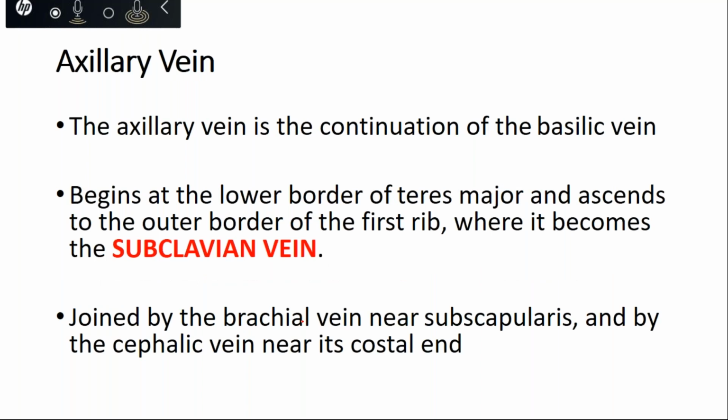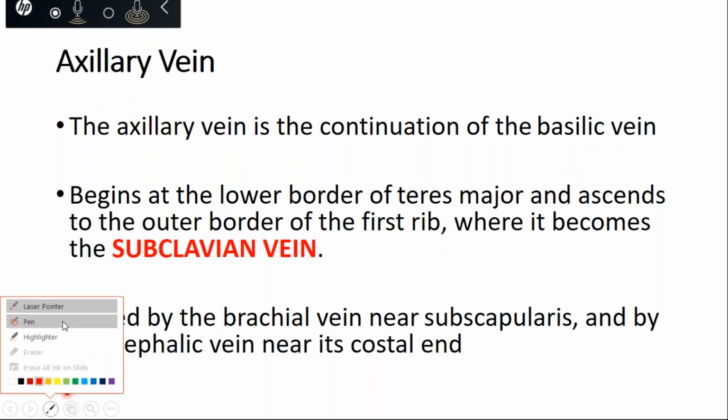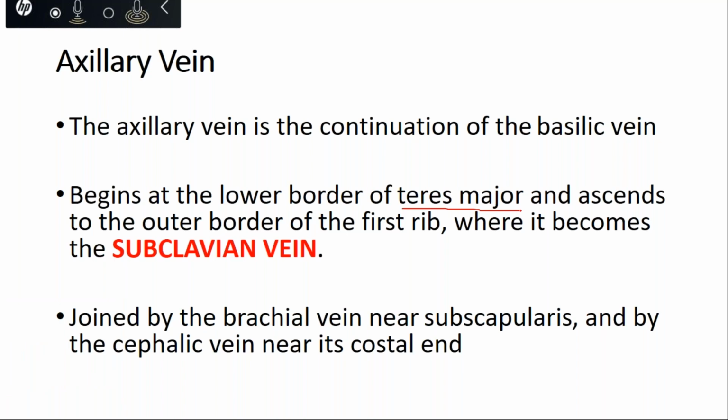The next one is the axillary vein. The axillary vein is the continuation of the basilic vein, as we have seen. It begins at the lower border of the teres major, which is a muscle, so we use this as an anatomical landmark, and ascends to the outer border of the first rib.